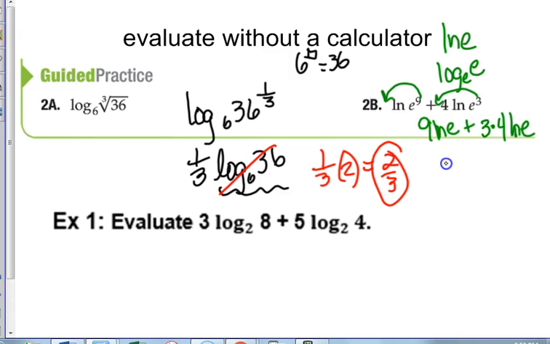What did you just tell me ln of e is, or what did I tell you ln of e is? 1. So we have 9 times 1 plus 3 times 4 times 1, which is 12 plus 9, or 21. I love how the natural log of e to the 9 plus 4 times the natural log of e to the 3rd is technically just 9 plus 12. Yes. Okay.